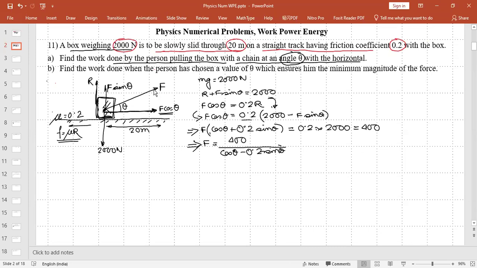Now, what is the work done? This is what they wanted to know. What is the work done by the force? The body is moved in a horizontal direction, so we have to take the horizontal component of the force into account. So work done will be F cos theta multiplied by 20 meter.